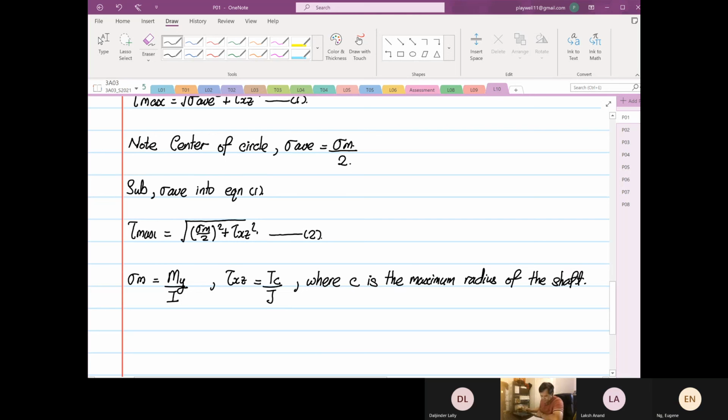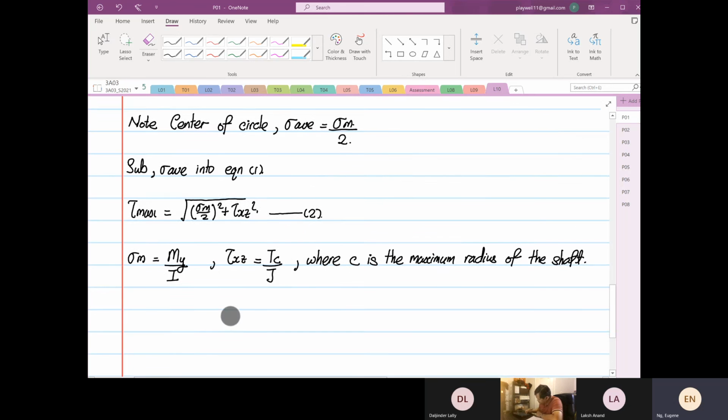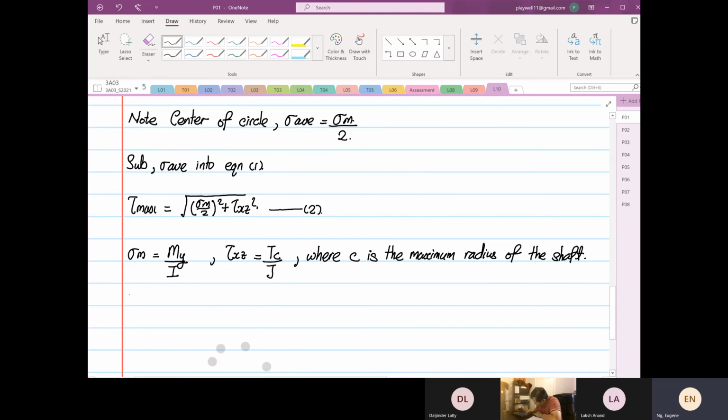So now we are going to substitute the stress from M and tau xz into equation number 2, then assemble them together.